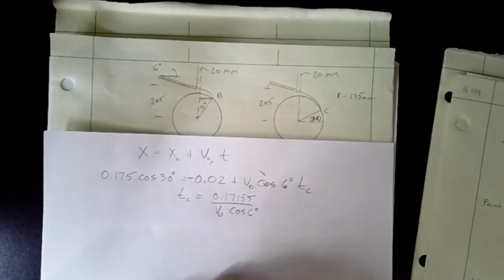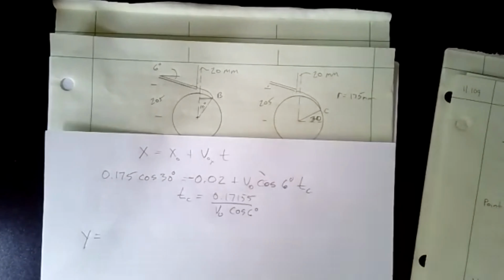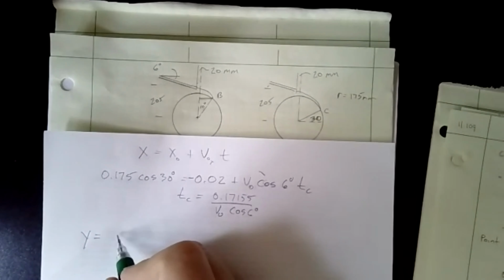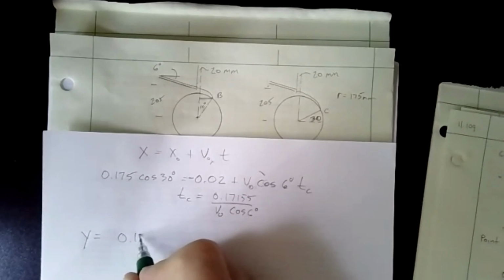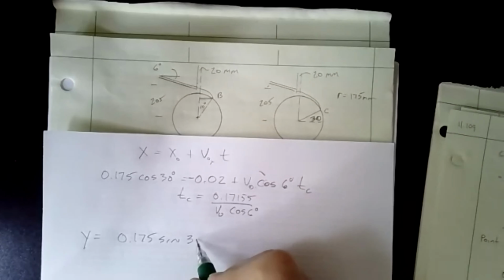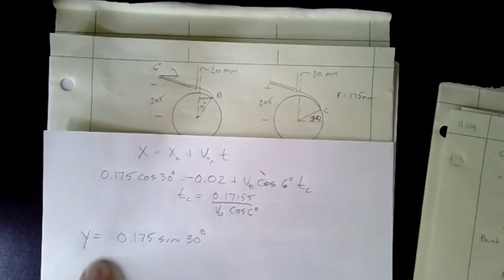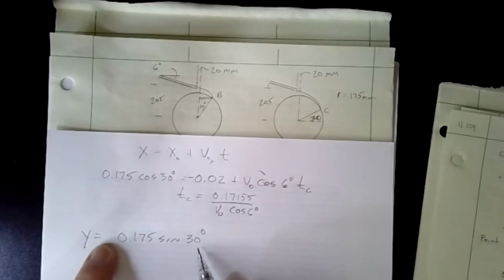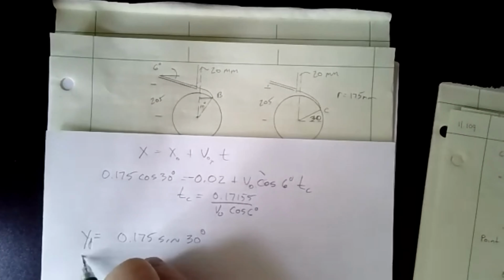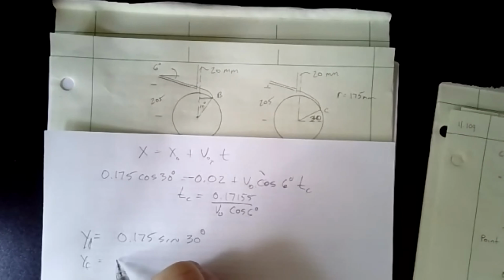And then we have y. Again, we're going to do the same thing with our y equation. We're going to say y is equal to 0.175 sine 30 degrees. That's our y final.